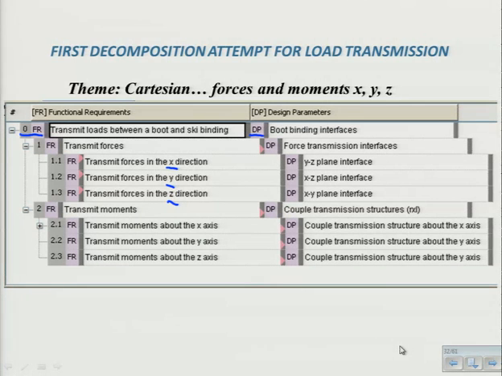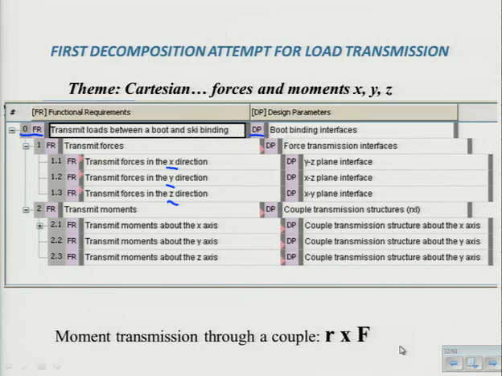And then I need some sort of structure to transmit a moment, because I need a lever arm and a force. And so I can think of a couple, a force couple, and then some distance between those. So a couple transmission structure about the x-axis, for example.